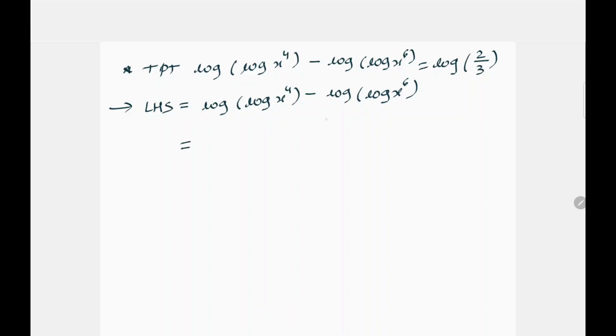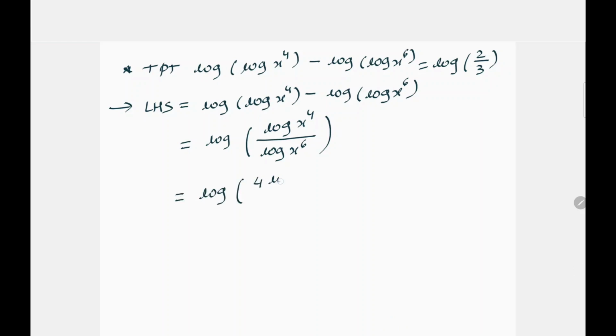It means now here there is subtraction of logs, so we are using here law of quotient. It means we get log x raised to 4 upon log x raised to 6. So here apply power law.